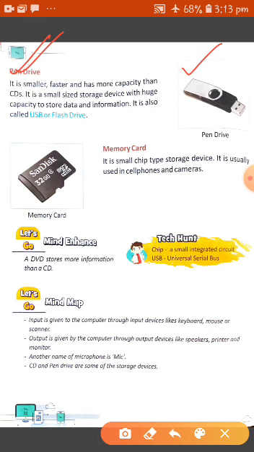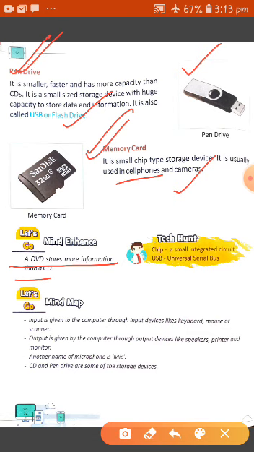It is also called USB or flash device. इसको बच्चों पॉकेट में भी ईज़िली हम कैरी कर सकते हैं। Now talking about memory card, it is a small chip type storage device. It is usually used in cell phones or mobiles and cameras. Okay, so a DVD stores more information than a CD.